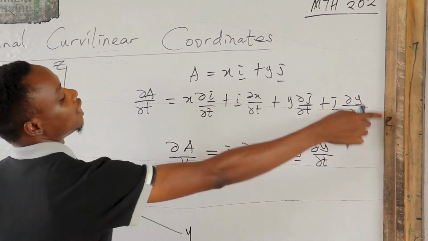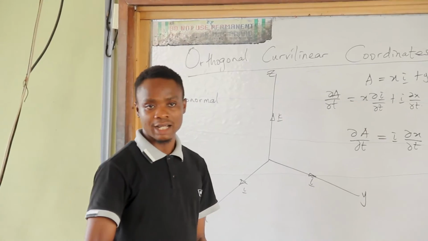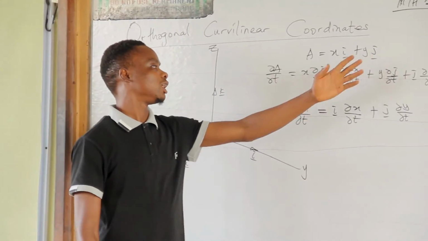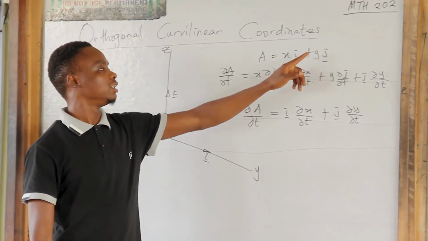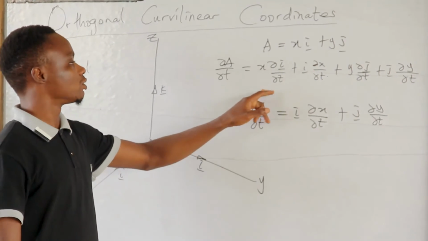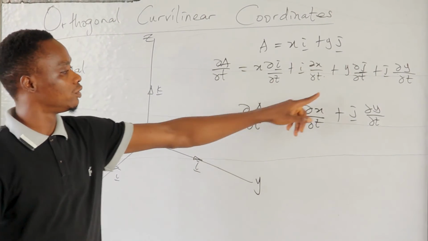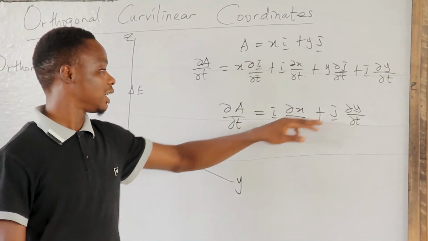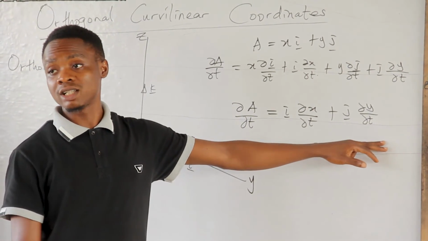This is the general result if each one of them was actually dependent. But I know that i is a constant vector, j is a constant vector. So definitely this is going to give me 0 and this is going to give me 0. That is why this is correct. Is it making sense to you?